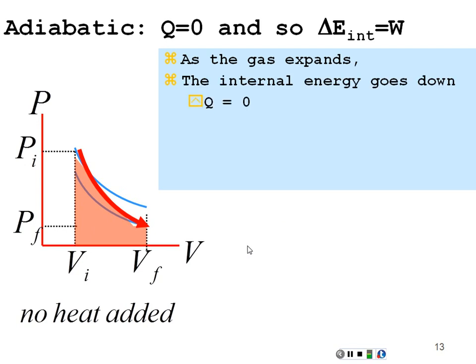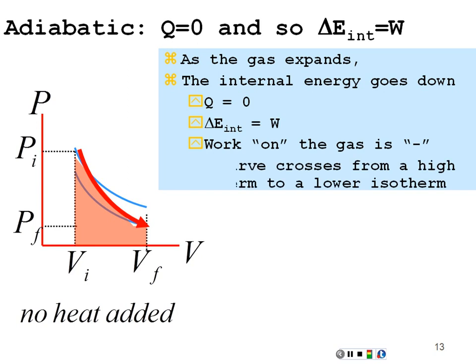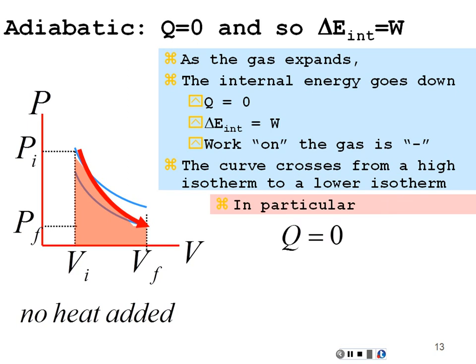Q, heat added, is 0. Change in internal energy is equal to the work done on the system, which is a negative value. Work on the gas is negative. Curve crosses from a higher state to lower state, higher isotherm to lower isotherm, higher temperature to lower temperature. So in particular, no heat added.